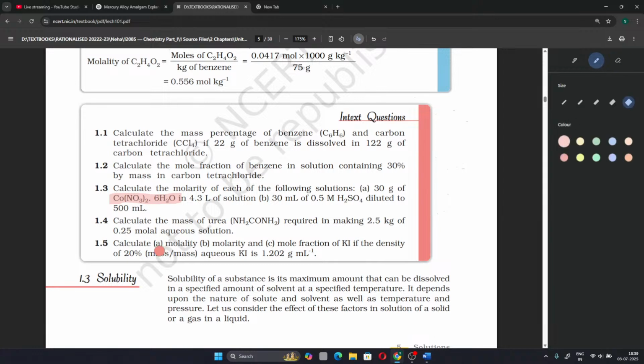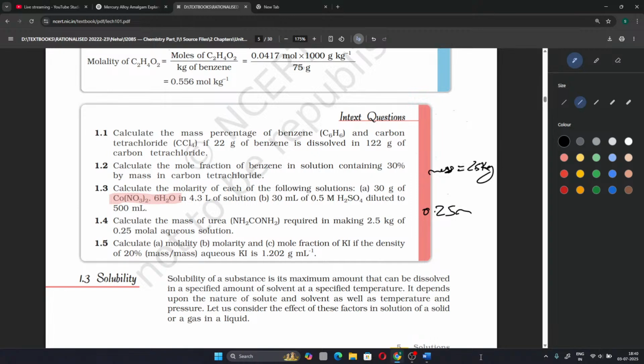Next, calculate the mass of urea required in making 2.5 kg of 0.25 molal aqueous solution. They gave the mass of solution as 2.5 kg, and molality as 0.25. Substituting in the formula, we will get the number of moles of urea.